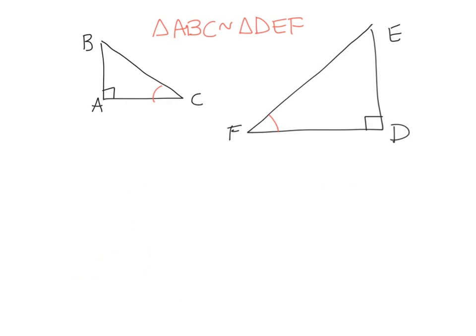So now let's see if we can do it with cosine. So if I think back to my similar triangles, I know that angle C is congruent to angle F, which means that CA has a relationship with FD. And BC again is in a relationship with EF. So what that is in words, here's my angle that I'm talking about.